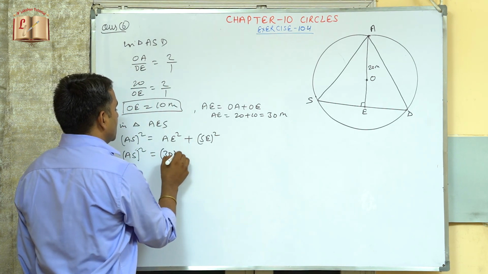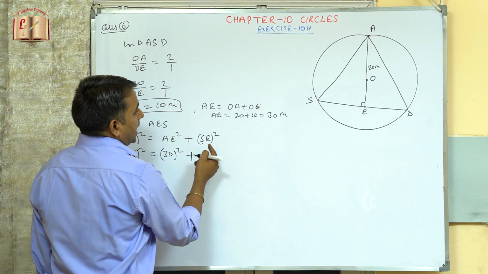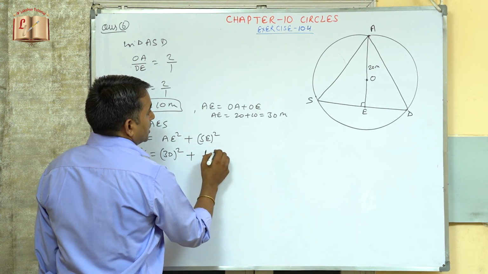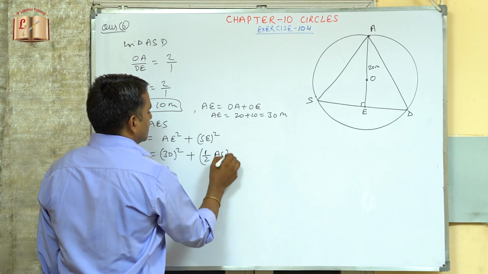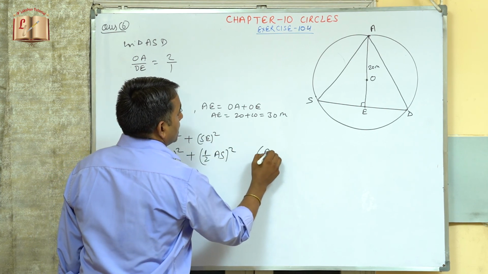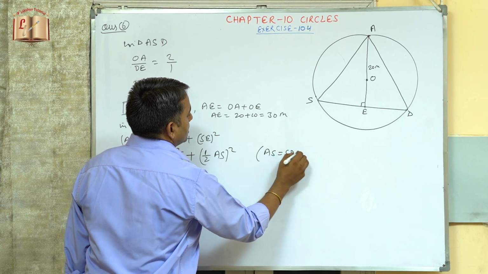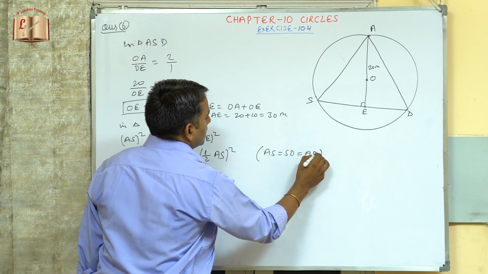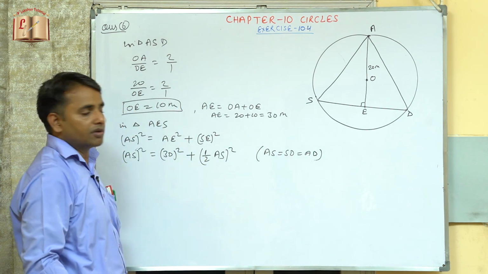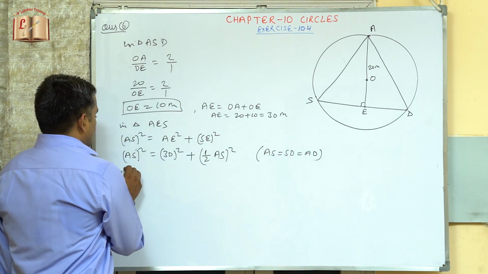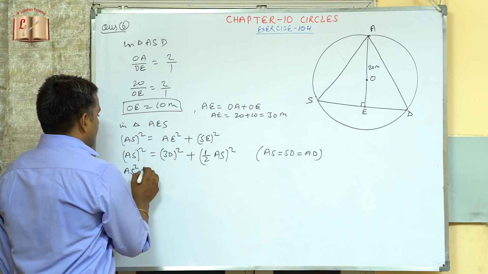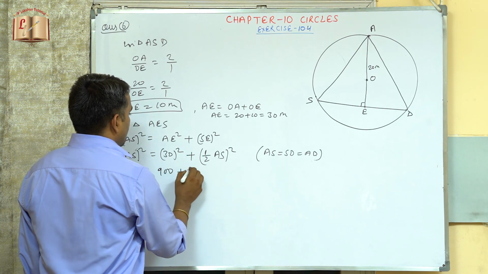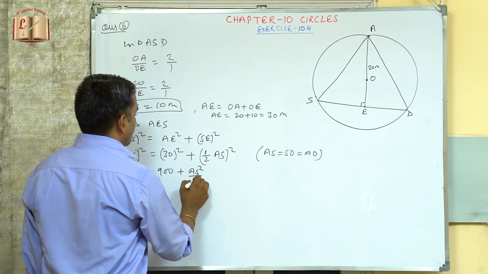So this will be 30 square plus SE square. SE can be written as half of AS, because AS is equal to SD is equal to AD. So all three are equal, so half of that will also be equal. So AS square will be equal to 900 plus AS square by 4.